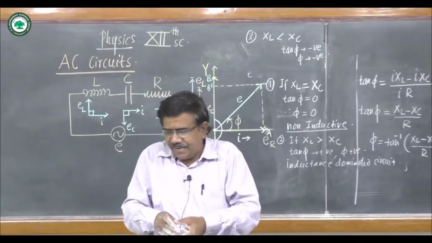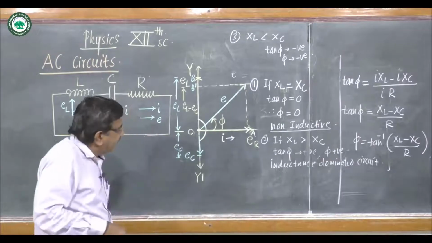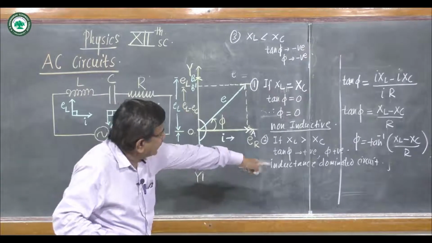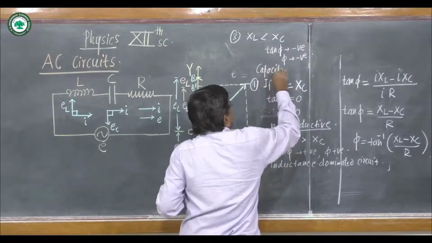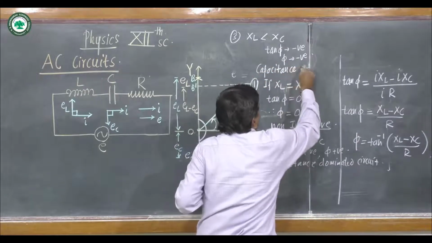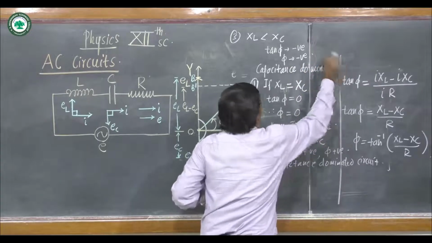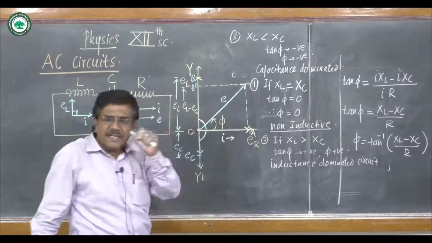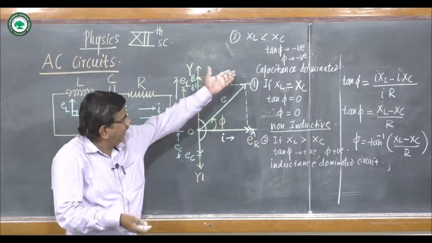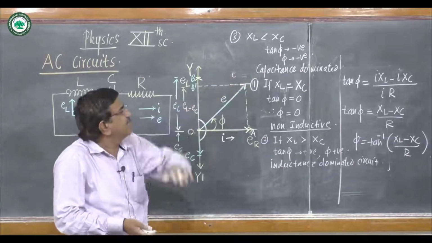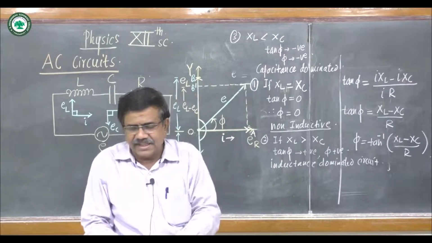The AC circuit is said to be capacitance dominated. Tan phi is negative, voltage lags the current by the phase angle phi, and hence it is a capacitance dominated circuit. So this is our third case.